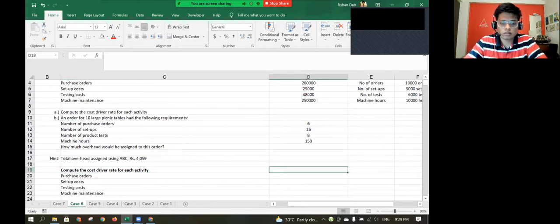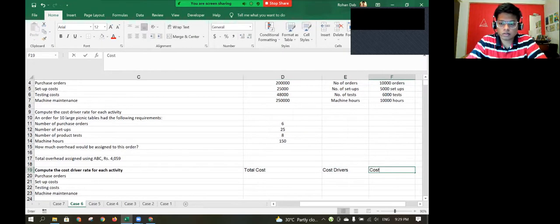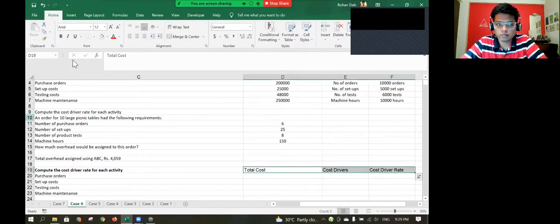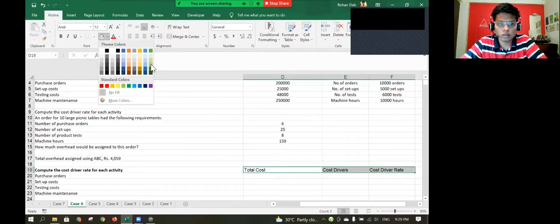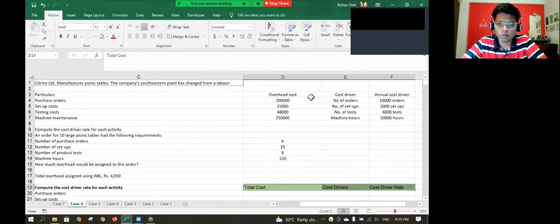Now total cost, drivers, cost driver rate. I downloaded it from the Google Sheet, but I'm using Excel. But on the Google Sheet also, the formulas and everything will stay the same.